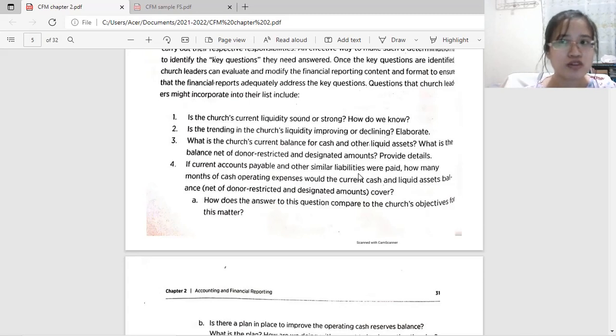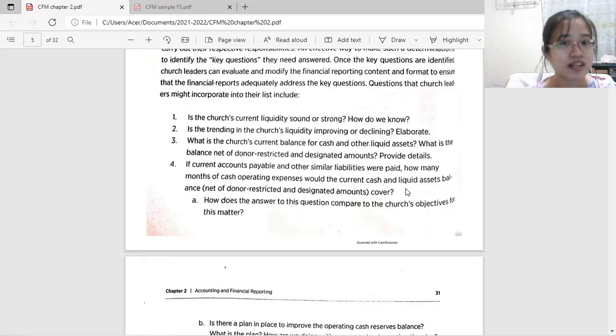Okay, but you have to consider, is this amount unrestricted, meaning it can be used for any purpose for operations of the church, or is this restricted because it was given by a donor and the donor imposed certain restrictions on the donation? So in that case, you have to separate the cash into two classifications, unrestricted, and then you have your restricted. Okay. When it comes to liquidity, you can only look at the unrestricted cash balance.